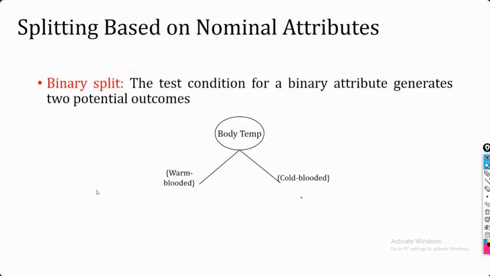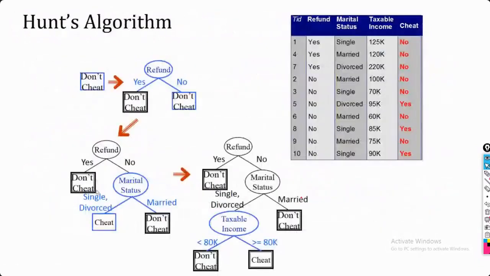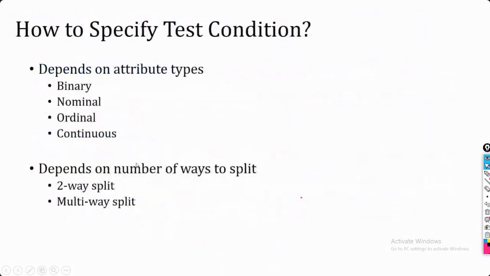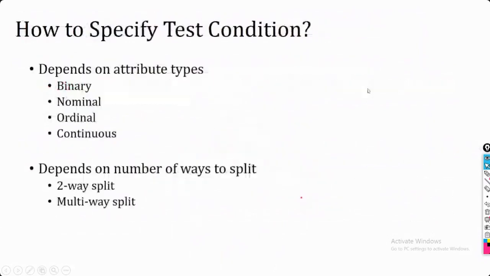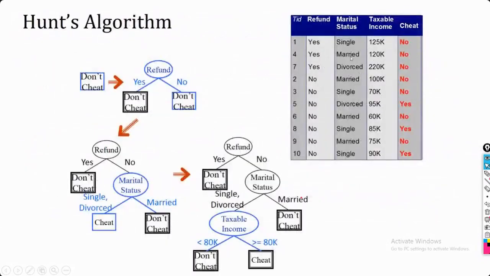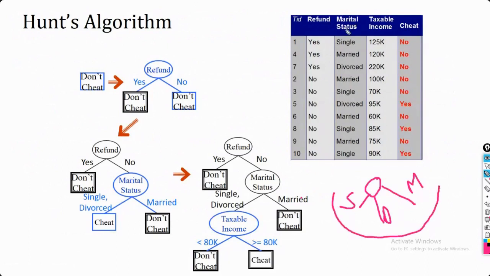So let's see how this binary splitting works. Binary splitting has just two values. Like in this case, for refund we had only two values, yes and no, so it's going to be a binary split. It could be a multi-way split also, like in the case of marital status: single, divorced, and married.